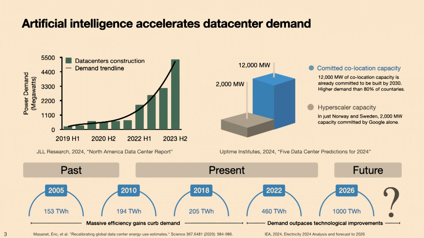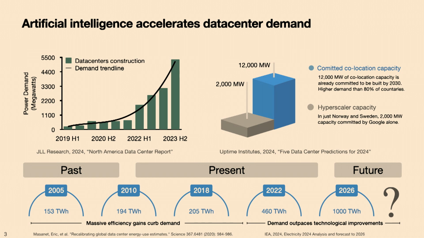And this is not going to stop, because on the right side, I have just two examples of what the future capacity is going to look like. For example, just for co-location capacity, I'm not talking about the companies, these are the co-location facilities, 12,000 megawatts of data center capacity is already scheduled to be built before 2030.